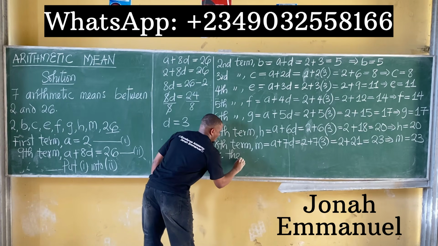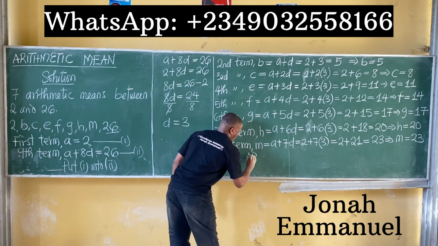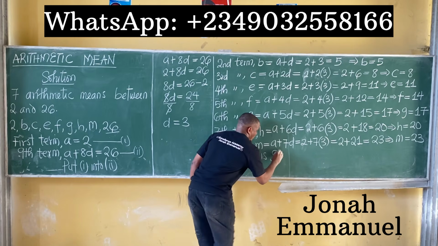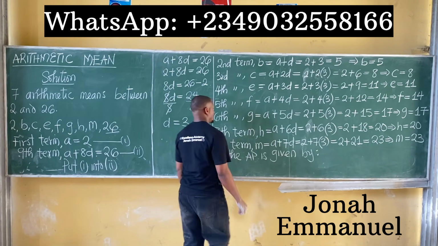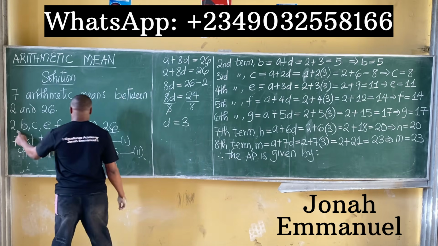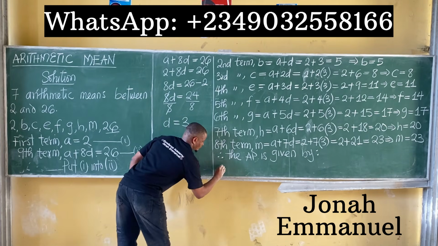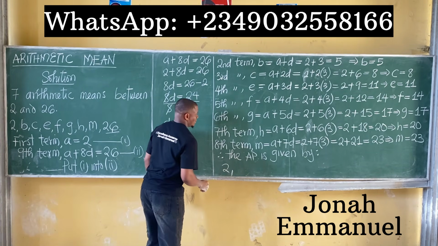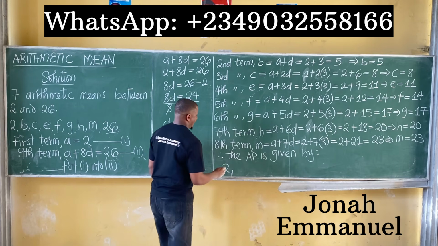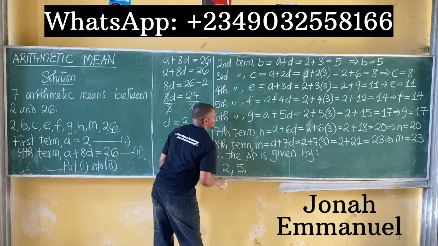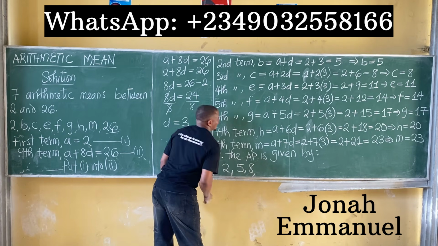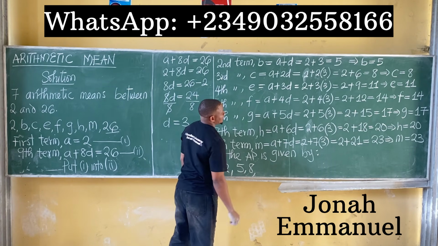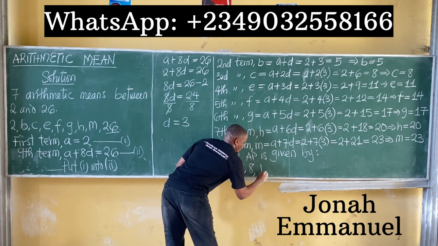All right, so therefore, the AP is given by what? Start with this one first. 2. After 2, you have 5. After 5, the third term, you have C as 8. And then we have the fourth term, E as 11.